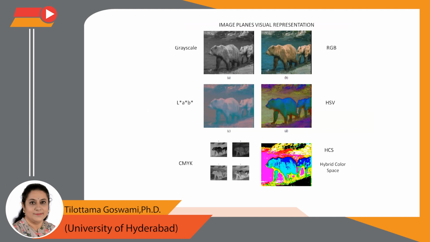Researchers have also come up with a new hybrid color space which takes the channels that are advantageous to their applications, merges them, does a dimensionality reduction, and produces a hybrid color space.